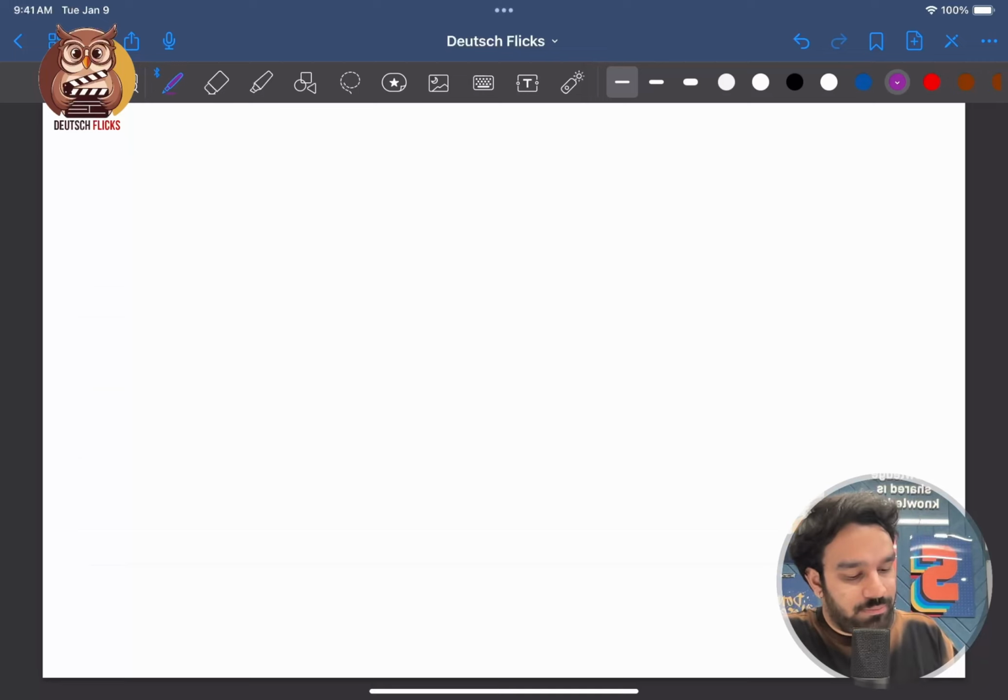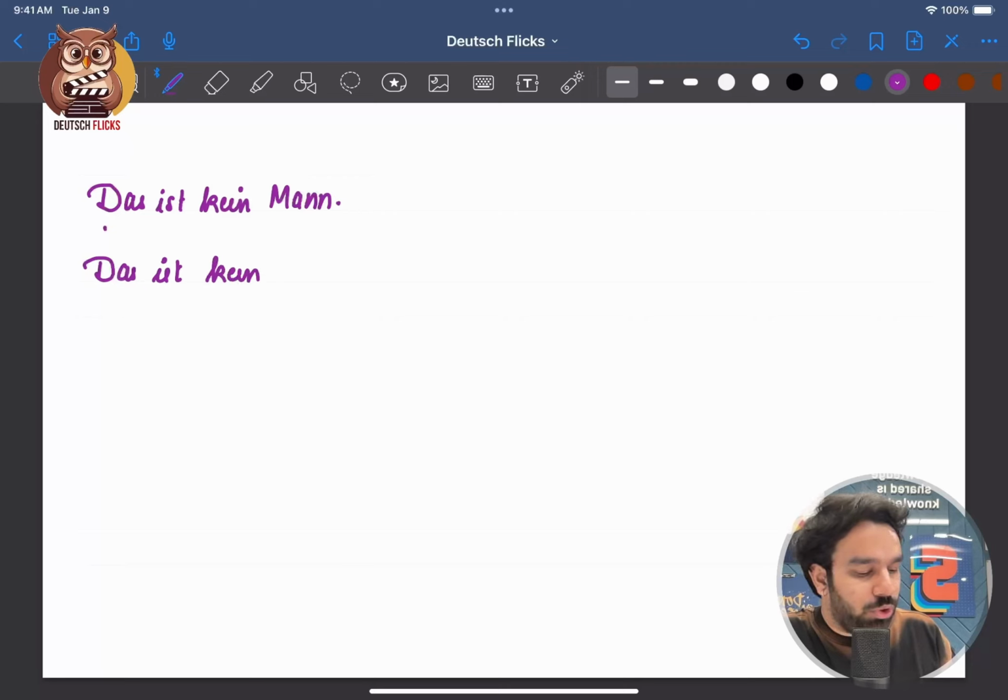Let me write the examples. Das ist kein Mann, that is not a man. Das ist kein Auto, that is not a car. Das ist keine Wolke, that is not a cloud.